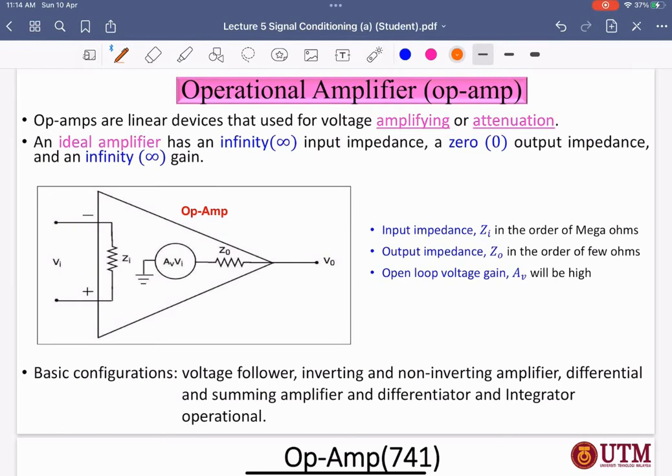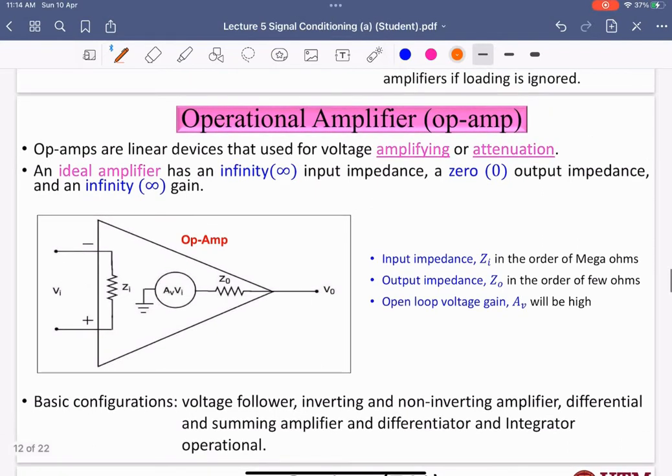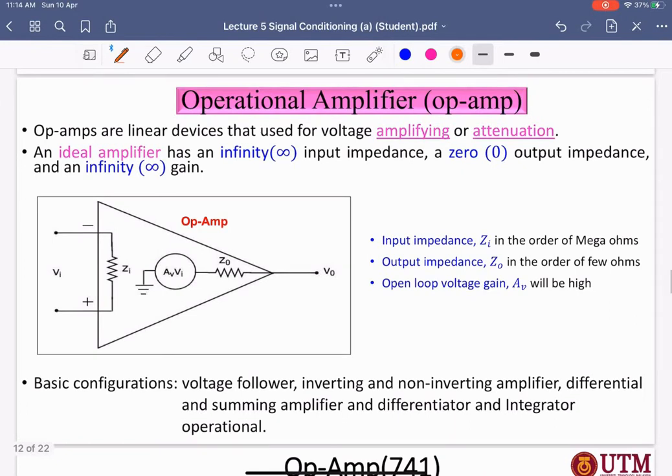This is the important part that you need to pay attention to here. The OM, I believe you have learned in other subjects, so we just recap. Operational amplifier, OM. The OM can be used for voltage amplifying or attenuation.